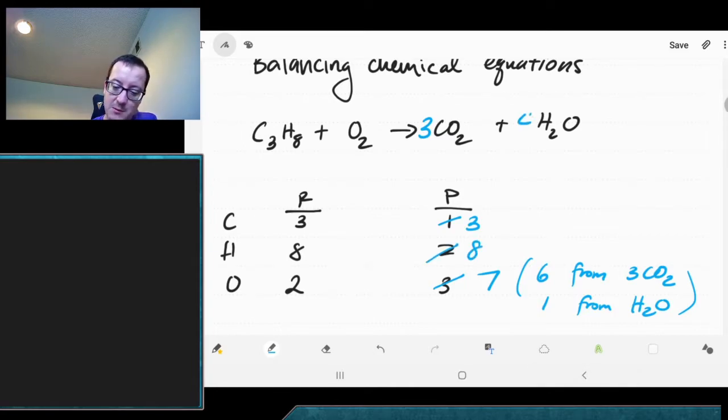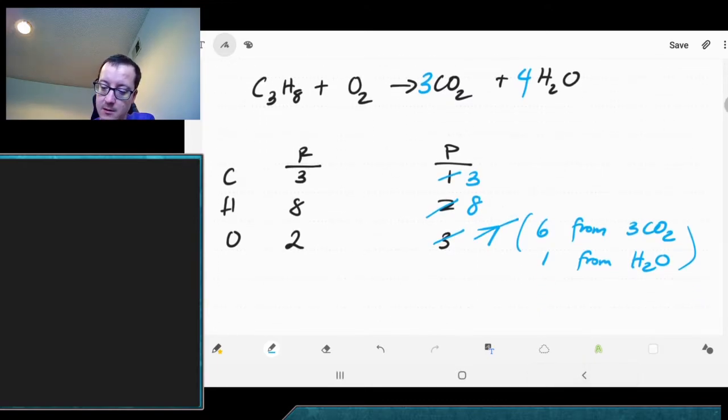If we need to do that, that means we need a coefficient of 4 here. That's going to now change our hydrogen, and it's going to change our oxygen again. If we do that, we see now we have 10 overall oxygens, 6 from the carbon dioxides, 4 from 4 waters. That's 10 overall.